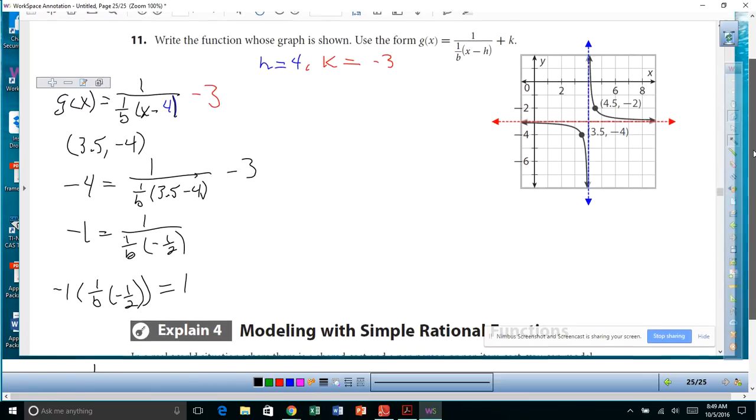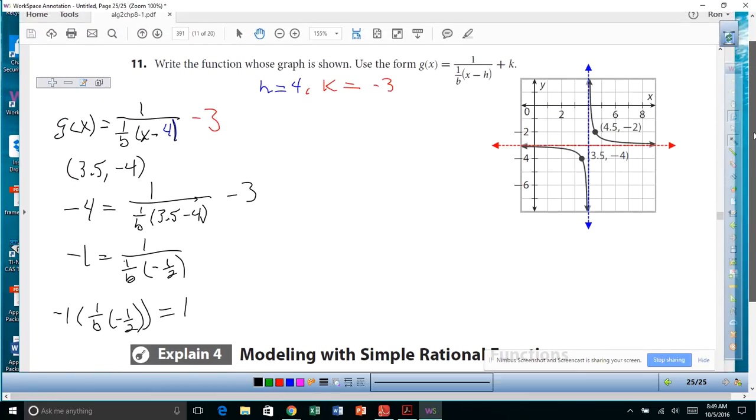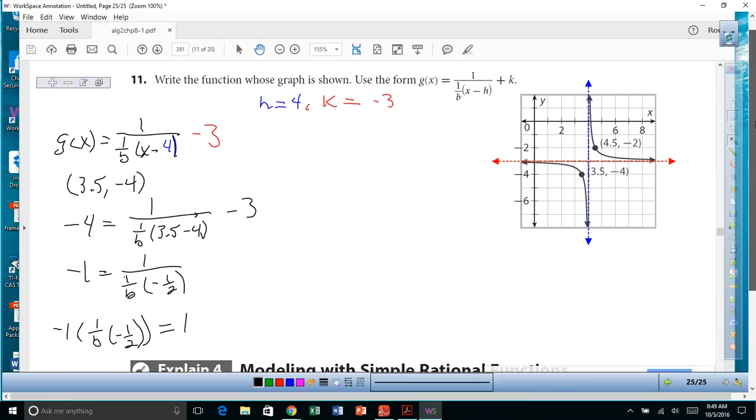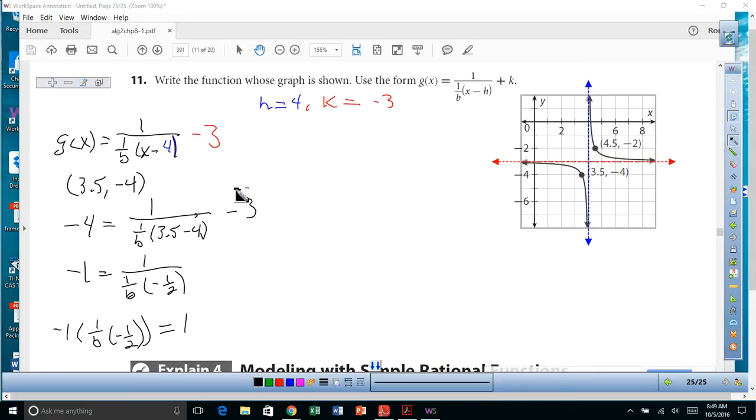So let's go up here. B equals 1/2. So g of x equals 1 over 1/2.